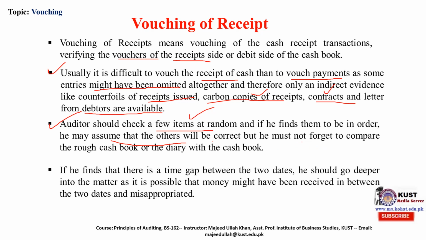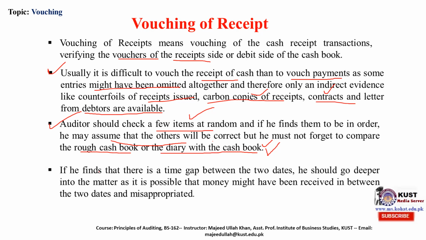So it is necessary for the auditor to compare a rough cash book or the diary with the cash book. Diary means all the cheques that have been received by the cashier, then sent to the accounts department through the diary dispatch, and then sent to the bank. So this diary dispatch and the cash book must tally.